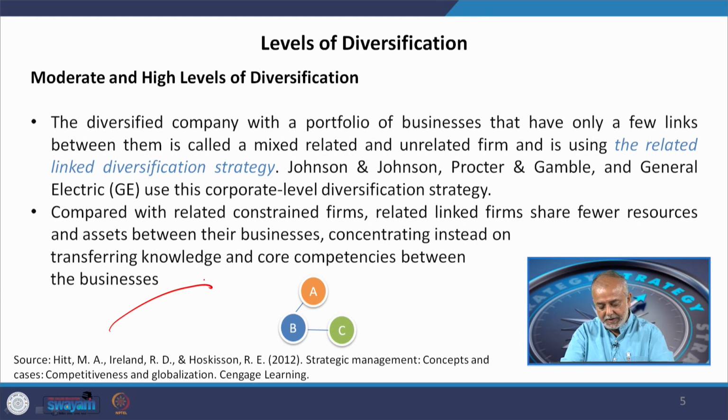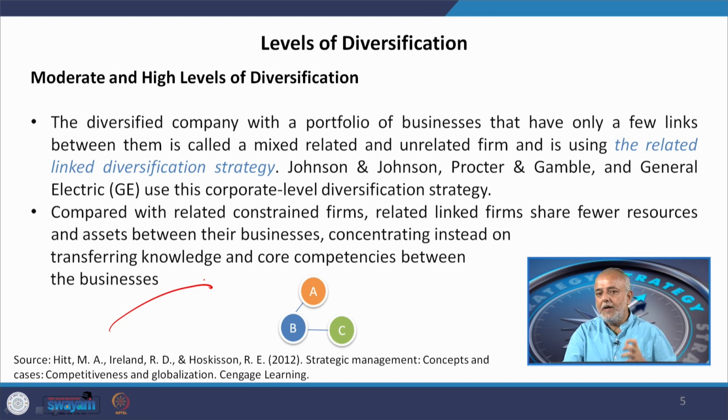Many times authors would have been thinking about how to write about these two different things which are quite similar to each other, the related constrained firms and related linked firms. So how do we differentiate between them? Examples are there. Procter & Gamble can fall into the first category a few years back, and they can also fall into the second category a few years later.